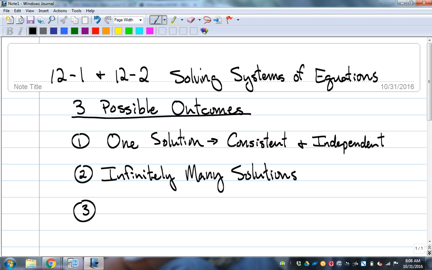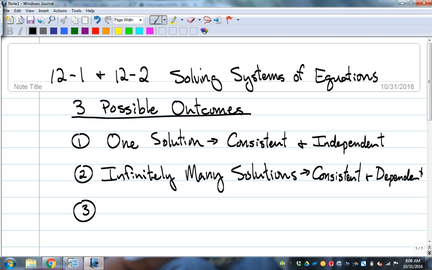Okay. The second option would be that it has infinitely many solutions. That would be consistent. Consistent just means it has answers. And then it's dependent. Consistent and independent is one solution. Consistent and dependent is infinitely many solutions. So tie those words together. You may not have used those words in Algebra 2. I'm trying to build up a few things here and how this level starts talking about it a little bit more.